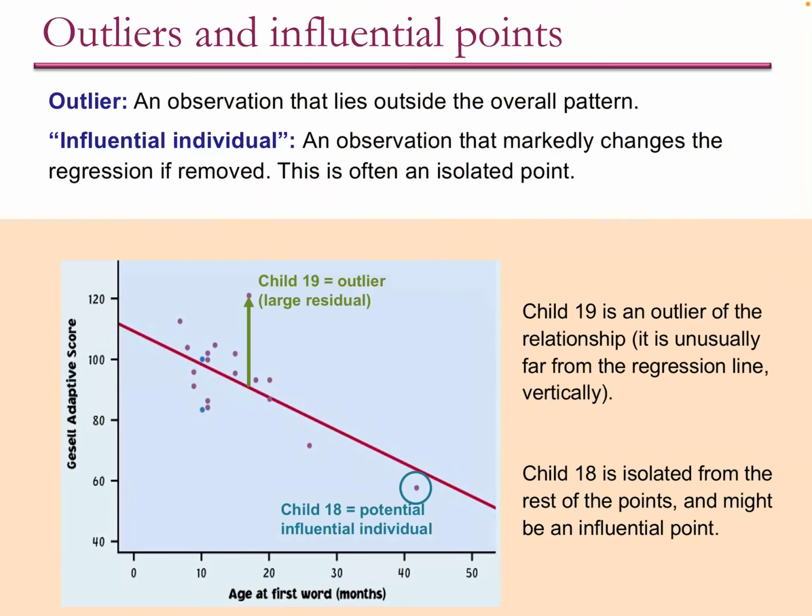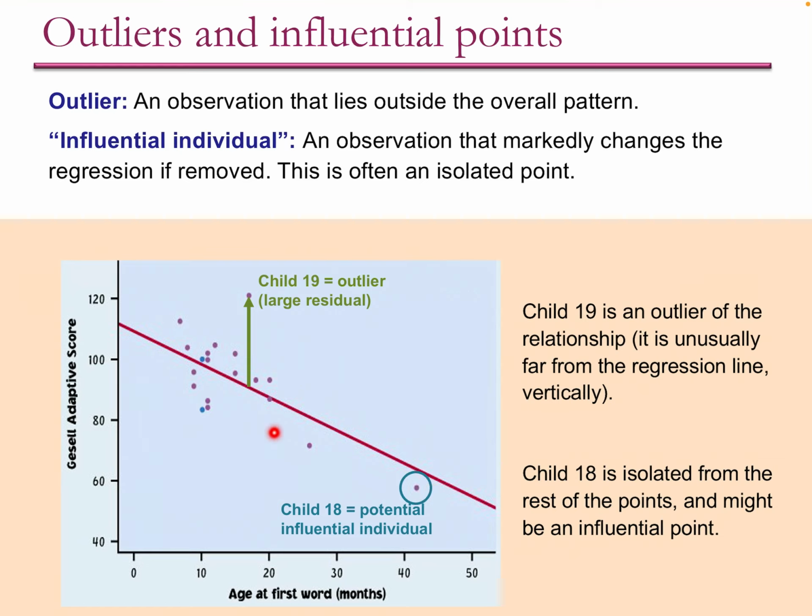All right, what about outliers and what we call influential data points? So we saw in an earlier chapter that an outlier is simply an observation that's going to lie outside the overall pattern, right? So here, child 19, for example, using the Giselle adaptive score data set we looked at before, sits very high above the regression line.